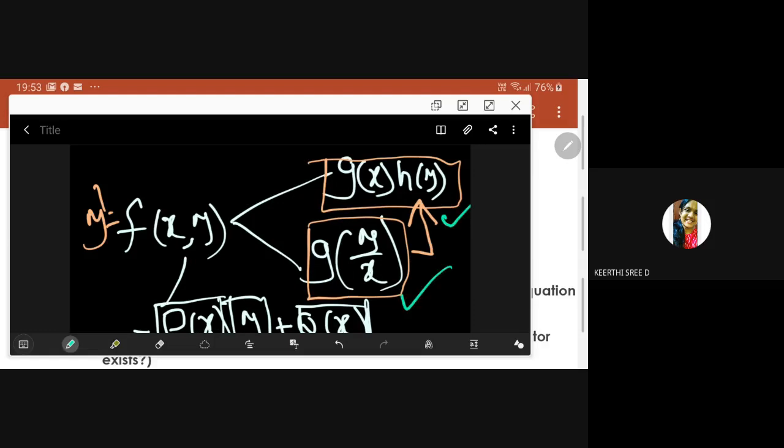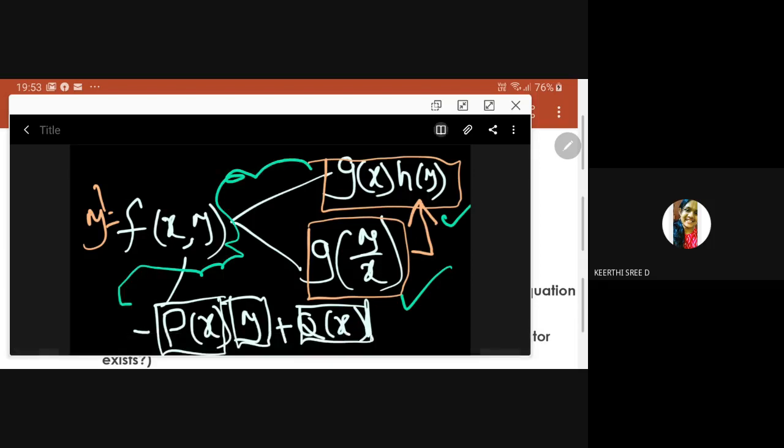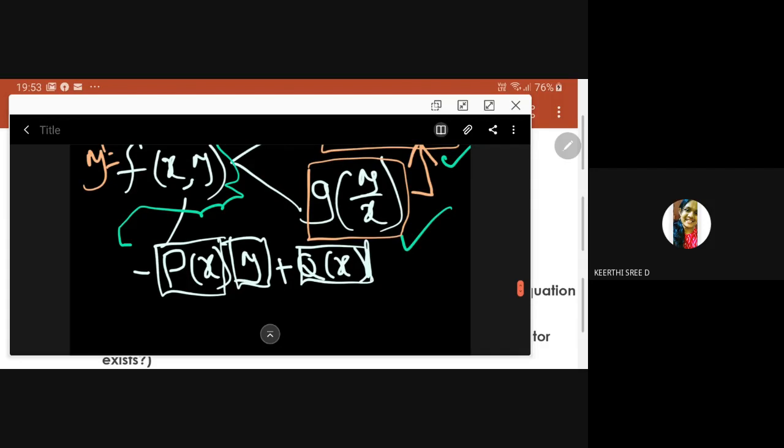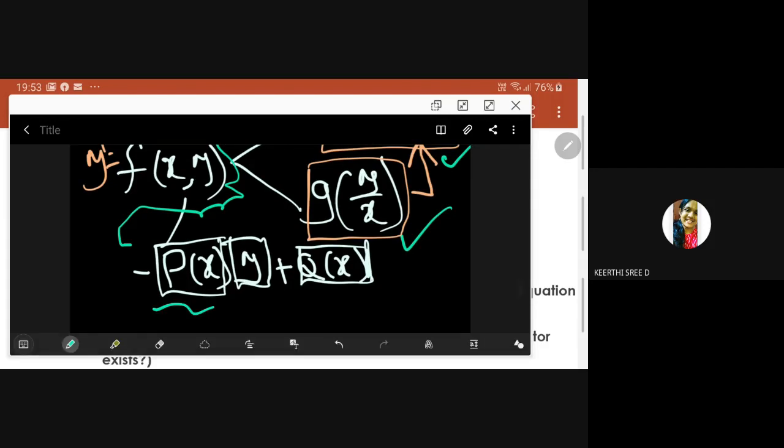Then y by x. This one is a little complicating. That is minus px. Separability is there here. Separability you can see here, but some object is there. Because of this one, you are not able to separate it.